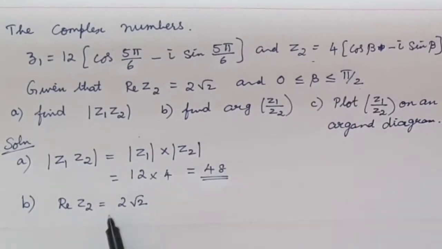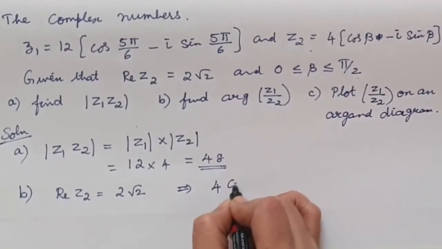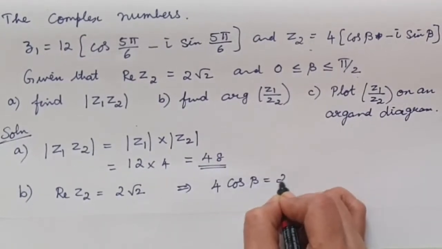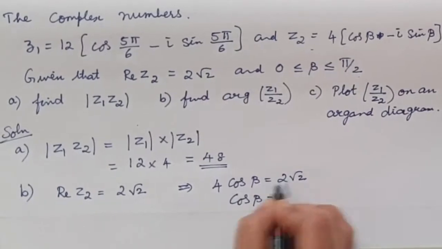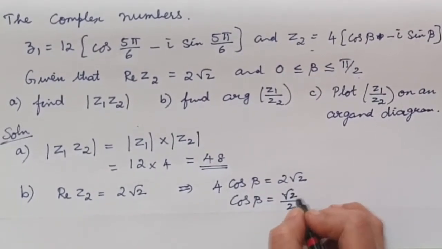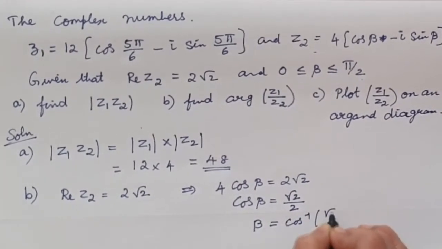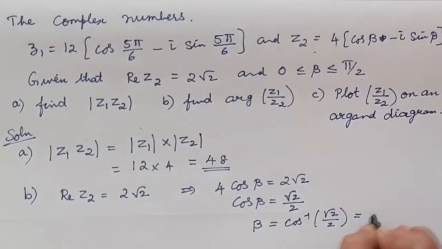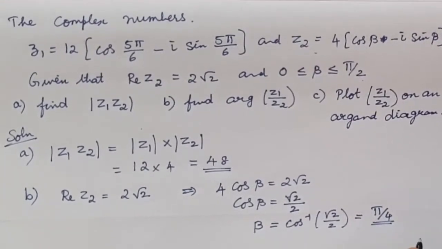So 4 cos beta will be equal to 2 root 2. So cos beta will be equal to 2 root 2 over 4, that is root 2 over 2, which implies beta will be equal to cos inverse of root 2 over 2. So this will be equal to pi over 4. So we have got the value for beta.